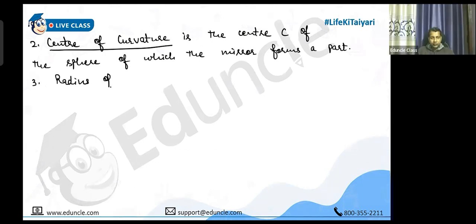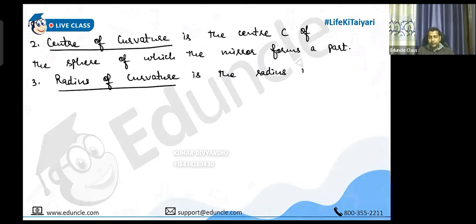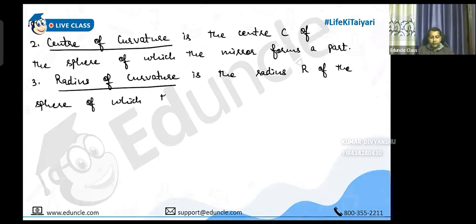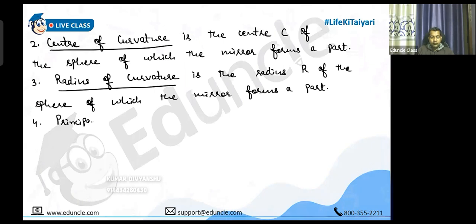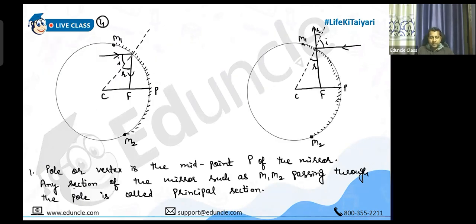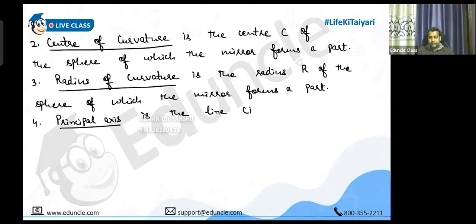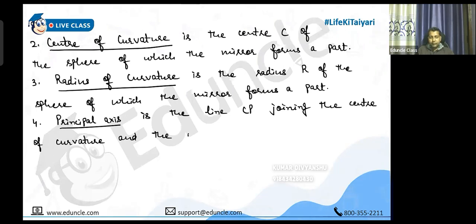Radius of curvature is the radius of the sphere of which the mirror is a part. Principal axis is the line passing through the center of curvature and the pole, and extended on either side.